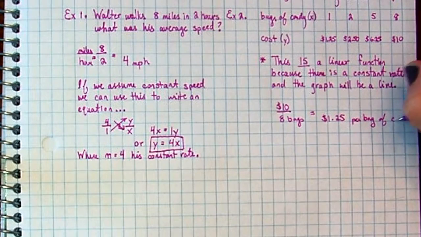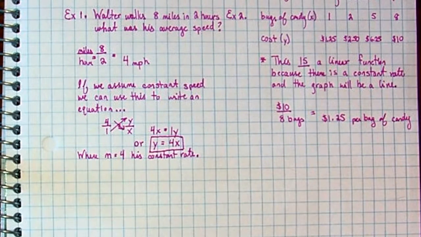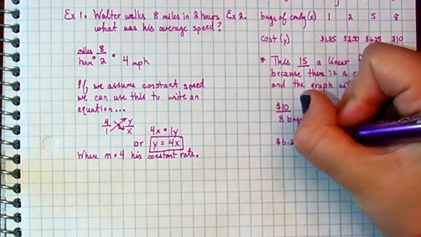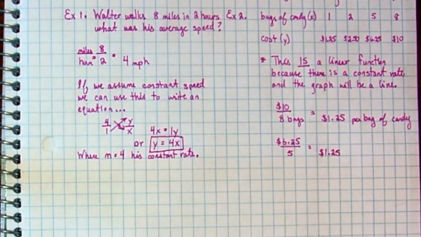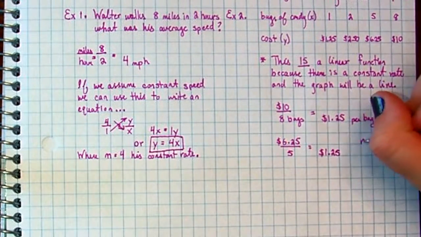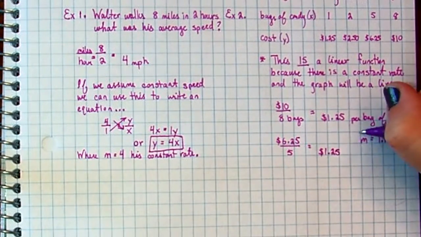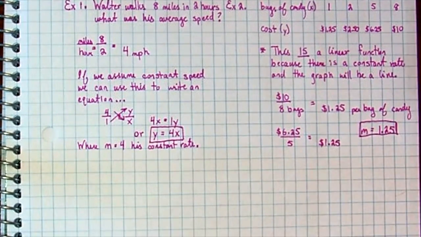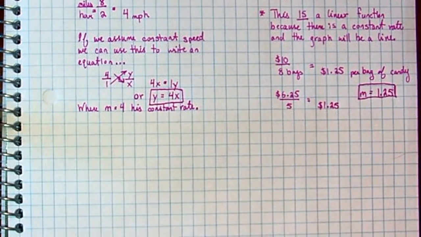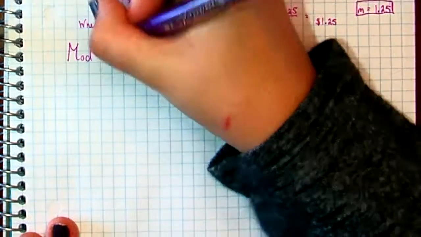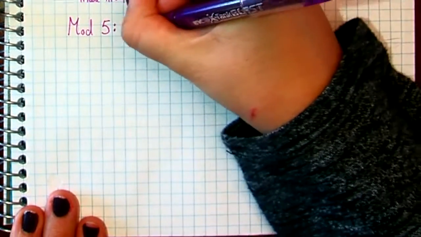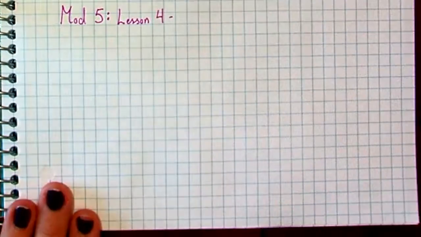So $10 for 8 bags of candy is going to be $1.25 per bag. $6.25 for 5 bags is $1.25 per bag. Basically, any value that I examine in my table gives me a slope of $1.25 or 1.25. So when I plug this back into the equation, I can solve for the cost of my candy no matter how many bags I want to purchase.